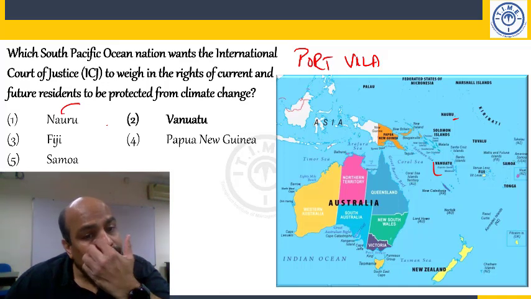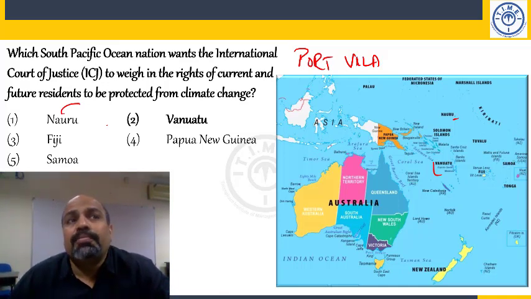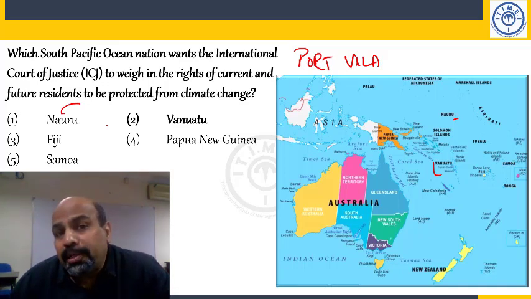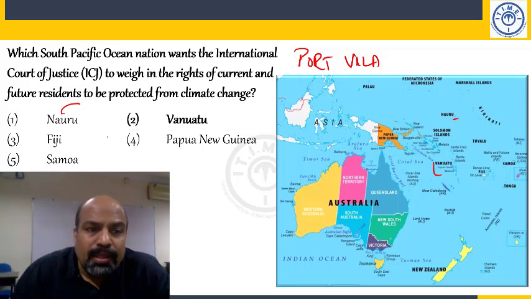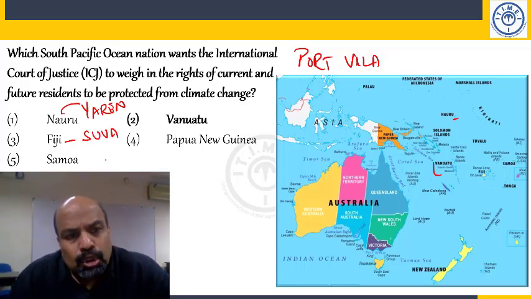It doesn't have a capital. It's one of only 2 major countries in the world, the other is Switzerland, which doesn't have a capital. Its capital is the de facto capital, called Yaren. Fiji's capital is Suva. Samoa, you can see Samoa in the map, Apia.